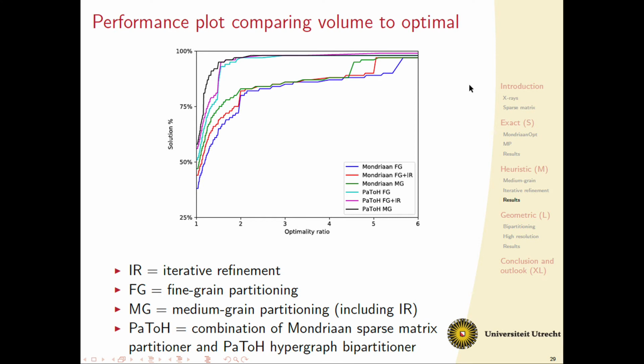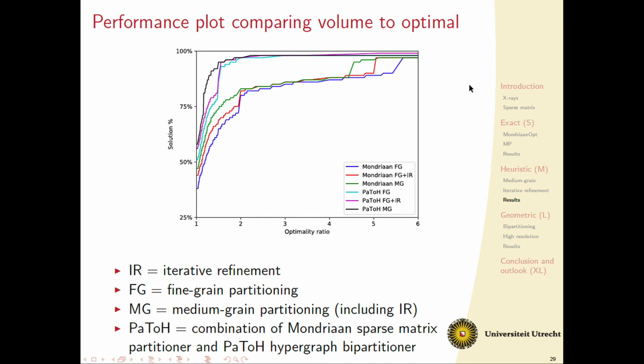The top 3 are using the Mondriaan package. And the ones marked with PaToH are also using the Mondriaan package, but for the hypergraph partitioner, we plugged in the PaToH package, so you can combine them. And what you see here is that the fine-grained method performs well. If you add iterative refinement, you get up a bit higher. And the top is Mondriaan combined with PaToH using medium grain.